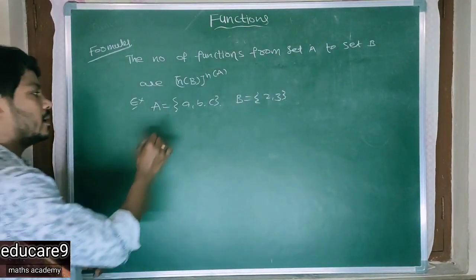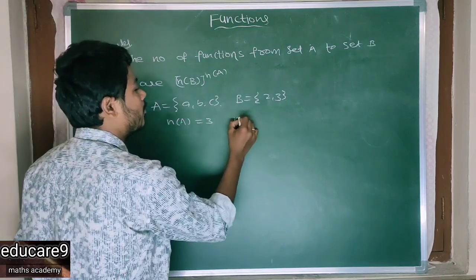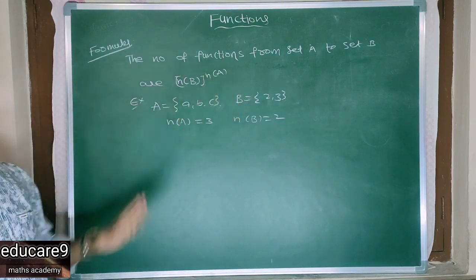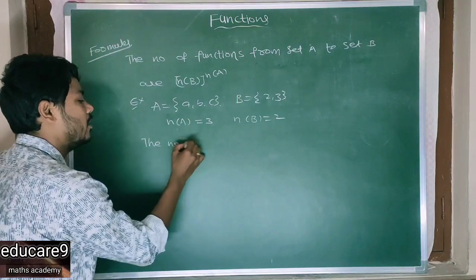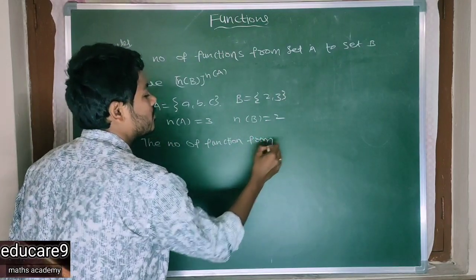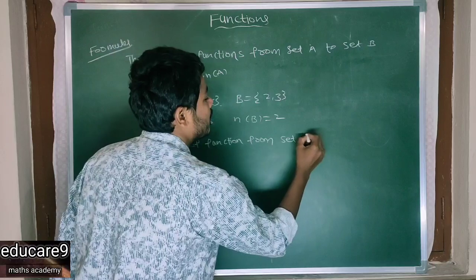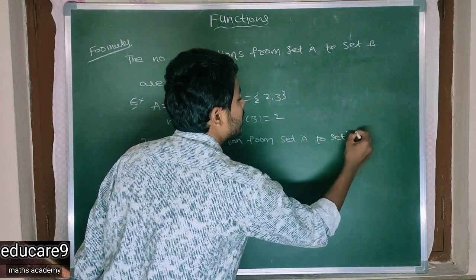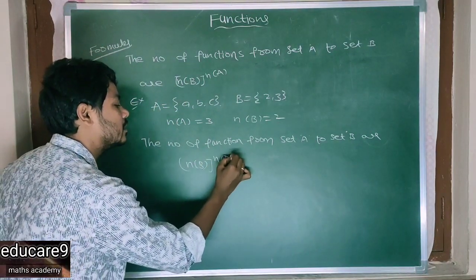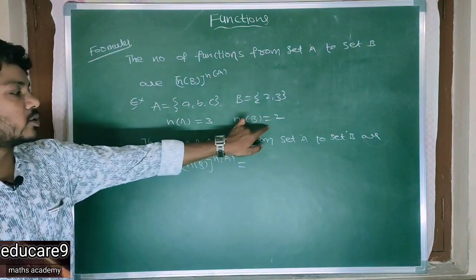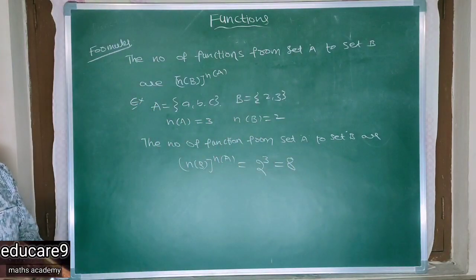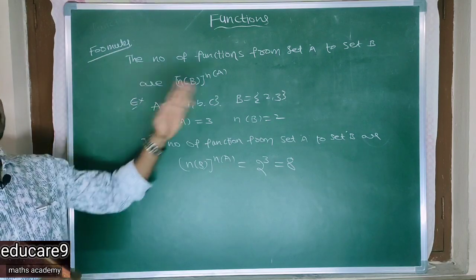So the number of elements in A is 3 and the number of elements in B is 2. Then the number of functions from set A to set B are n of B whole to the power of n of A. So this equals 2 power 3, which is a total of 8 functions possible from set A to set B.